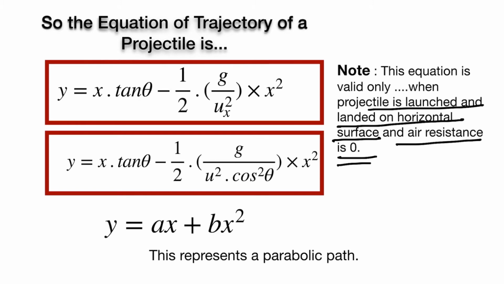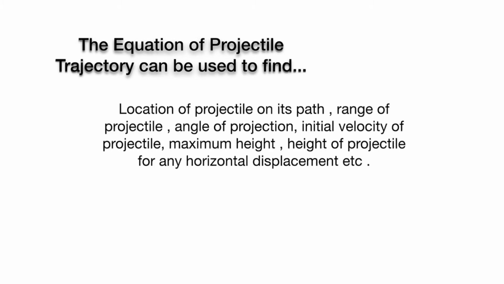In the horizontal direction the velocity is constant, and in the vertical direction there is always an acceleration in the downward direction, which is equal to gravitational acceleration g. The equation of projectile trajectory can be used to find the location of the projectile on its path, the range of the projectile, angle of projection, initial velocity or maximum height, height of the projectile for any horizontal displacement, etc.